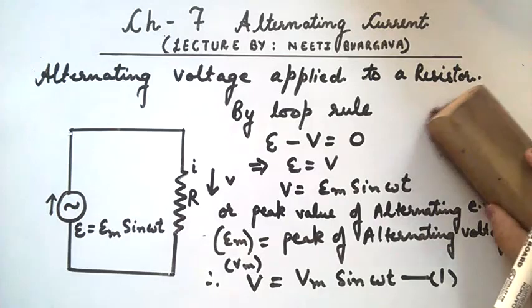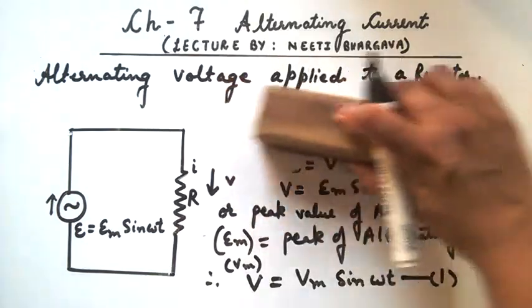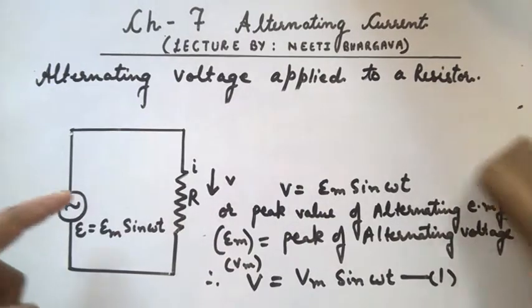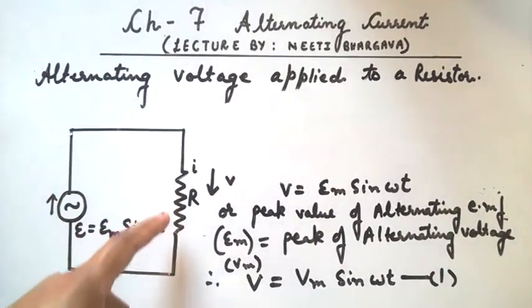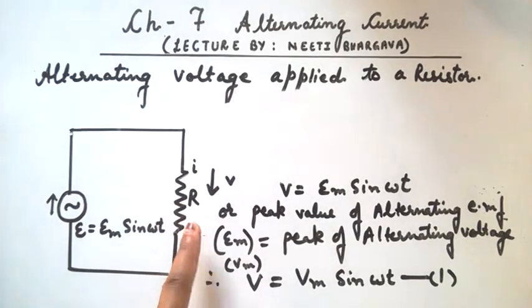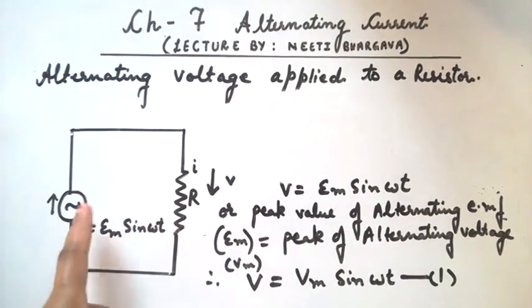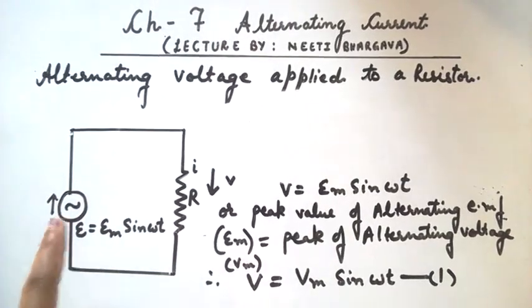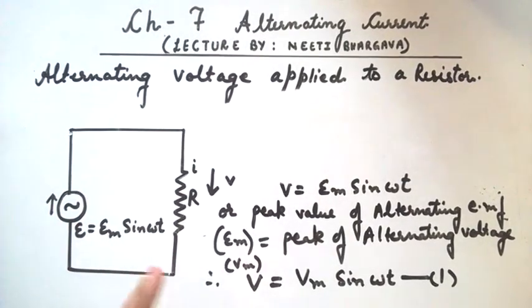Now, when the current is passing through this resistor, it will follow Ohm's law whether the resistor is connected to an AC source or a DC source. In both cases, Ohm's law is valid.